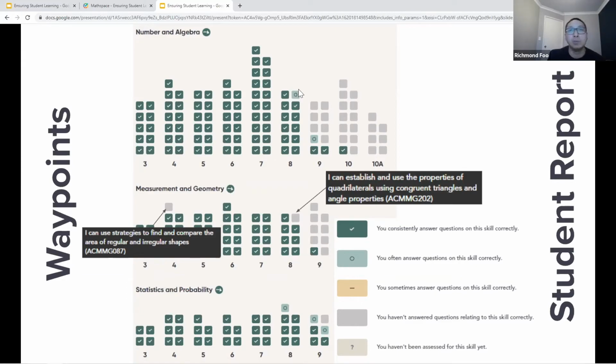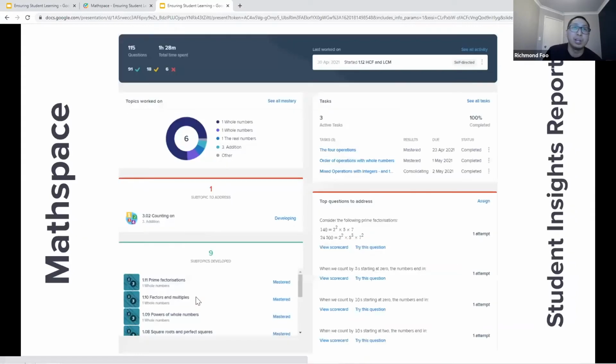Is there any work that I can do to make that more consistent? So again, hopefully as students use this, they can click on any of the outcomes, and it'll take them into MathSpace and they can work on that as well. So some really nice ways to do that. And anything that students do that you haven't set, remember that it's all recorded and you can track their progress regardless.